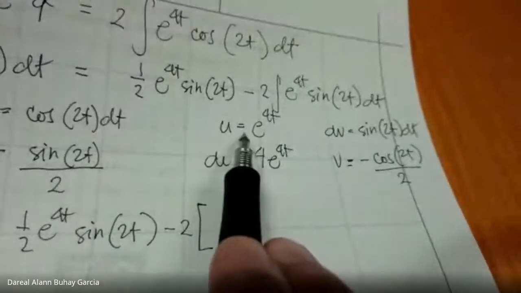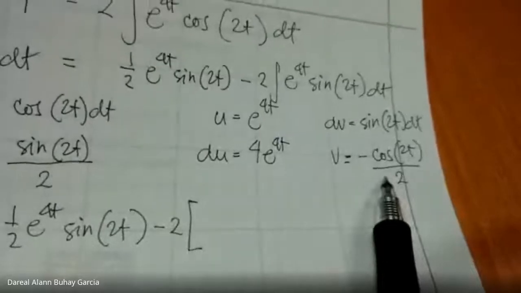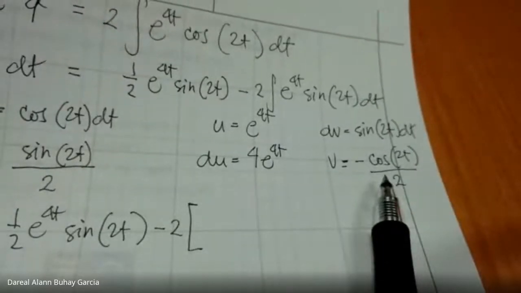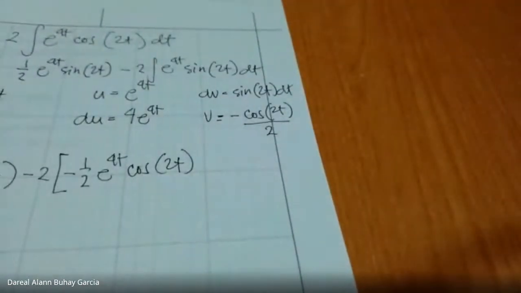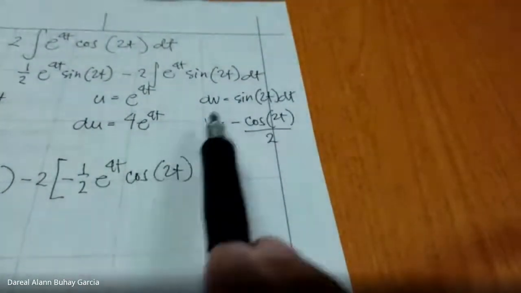Okay, so this becomes e^40 negative 1/2, negative 1/2 e^40 cosine 2t. uv minus v du.